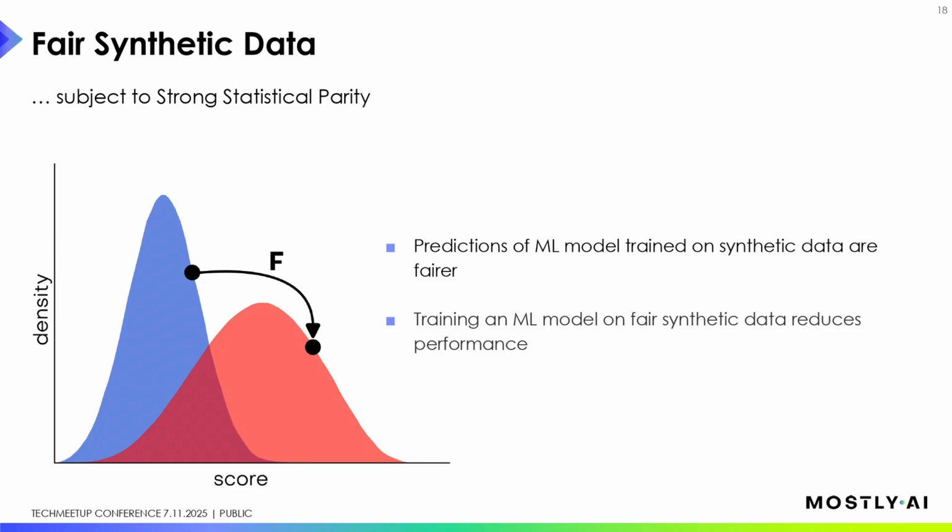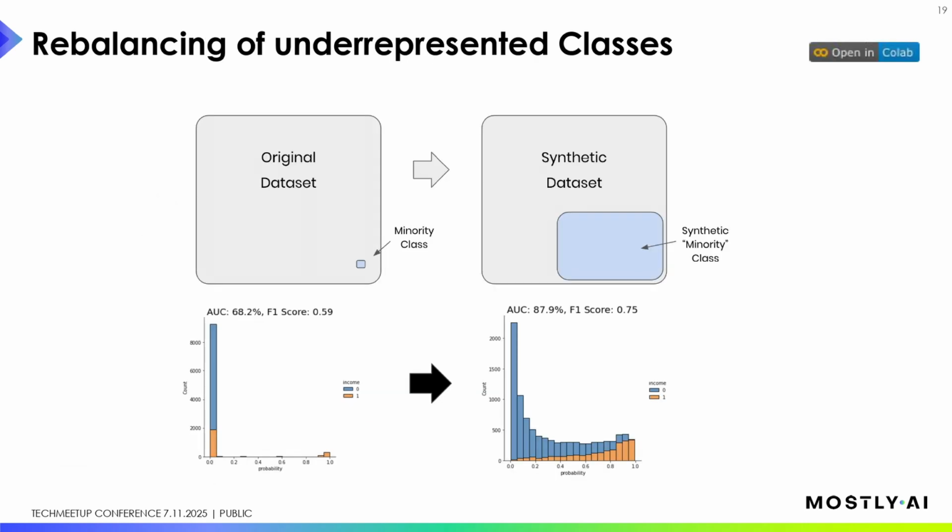So anybody who uses it afterwards and trains a model on it will get fair predictions, which is something I'm interested in and which is quite cool. But I unfortunately don't have time to go deeper into it.